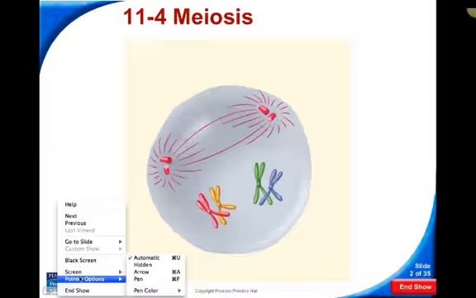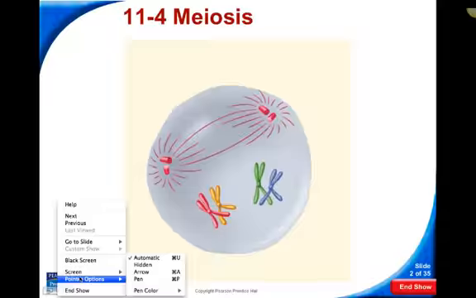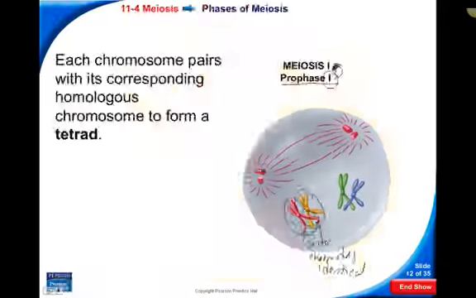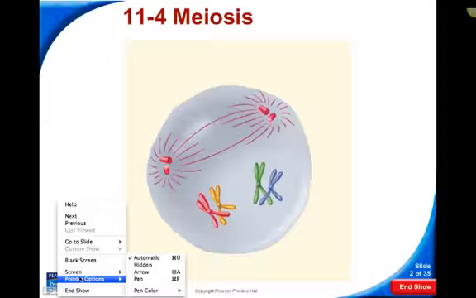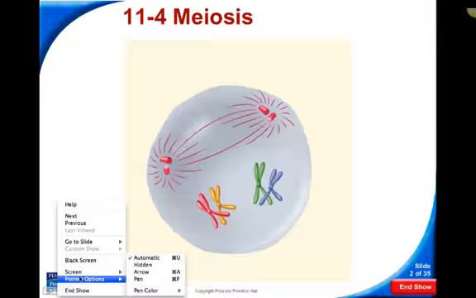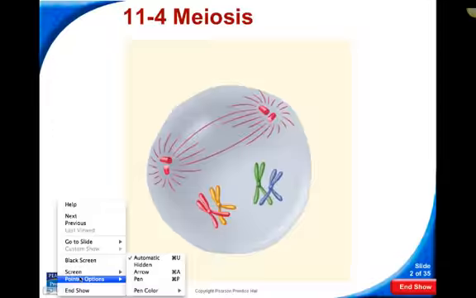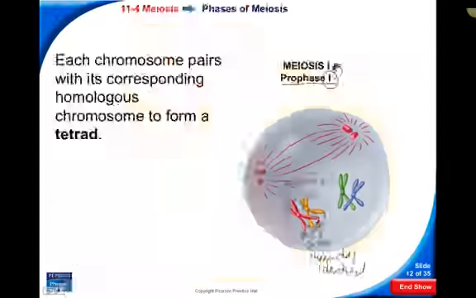Now back here, this yellow guy is the homologous chromosome of the red one, meaning that it has the same genes, but they might have a different trait on them.